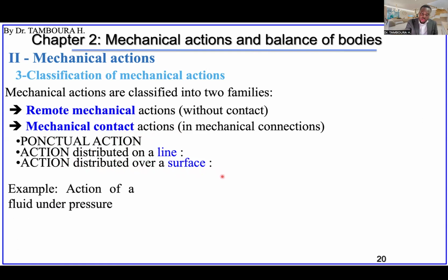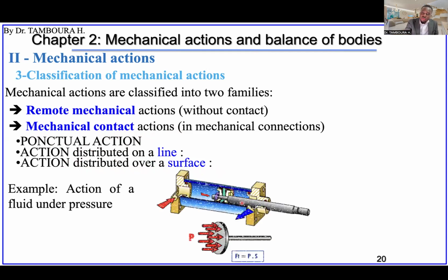So here is an example. Let's take the example of fluid under pressure. If you apply pressure, we have this piston, and if we take this surface, we will have several points of contact.